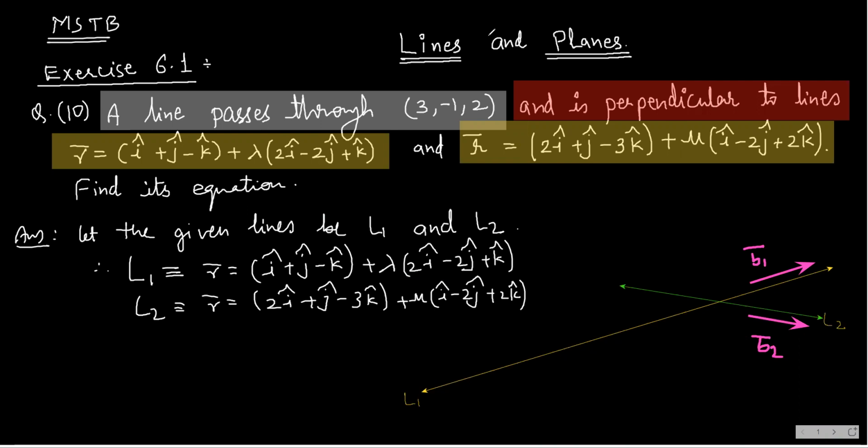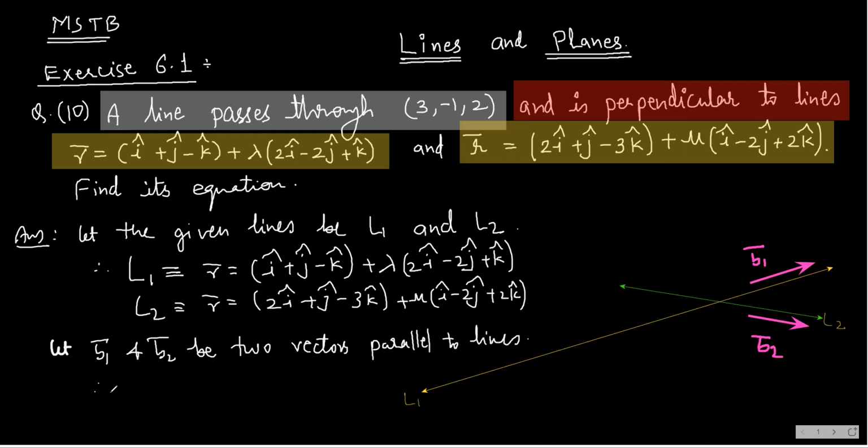I will write what B2 bar and B1 bar are. Let B1 bar and B2 bar be two vectors parallel to the lines.